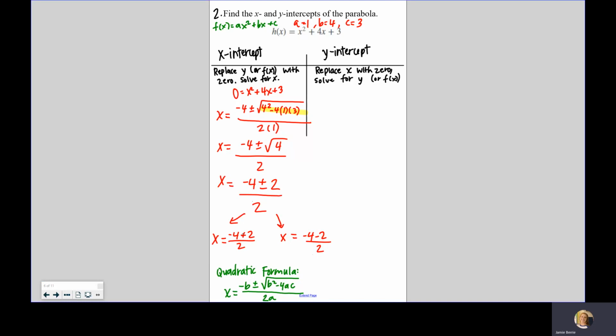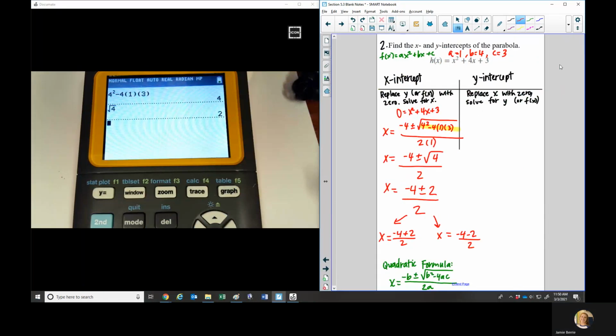All right, so go ahead and simplify this. Negative 4 plus 2 is negative 2 divided by 2, which is negative 1. So that's our first x-intercept. And then our second x-intercept, negative 4 minus 2 divided by 2, is negative 3.